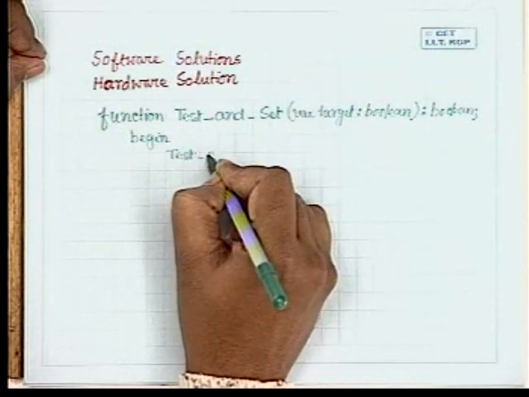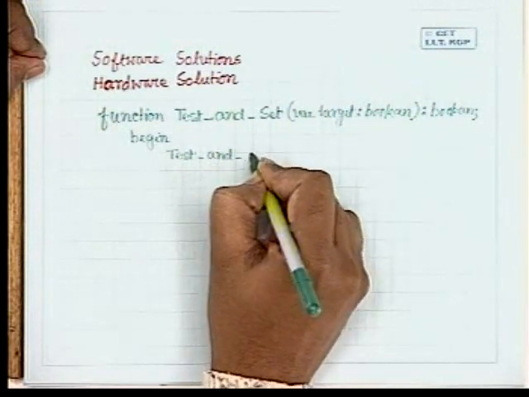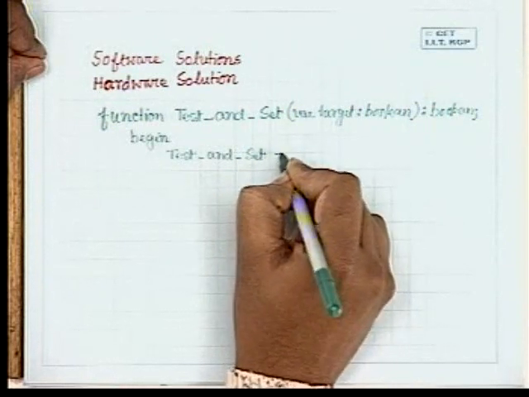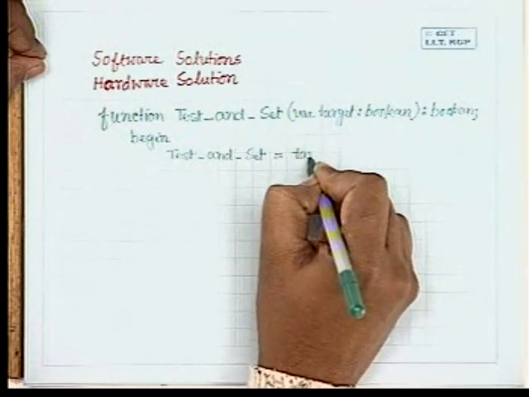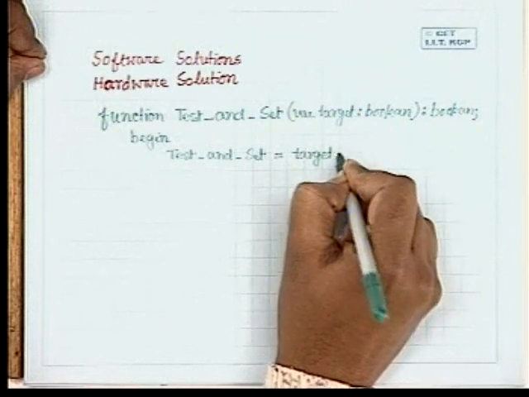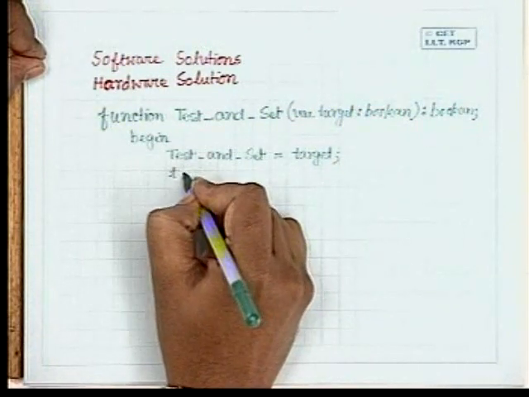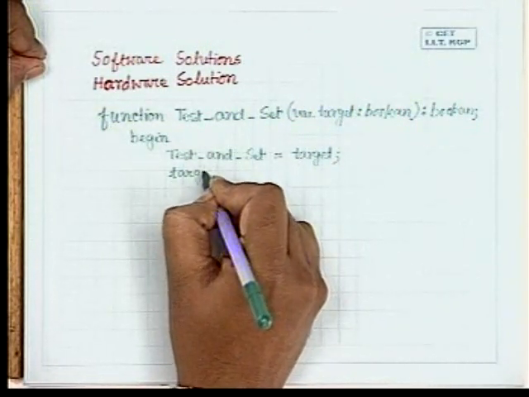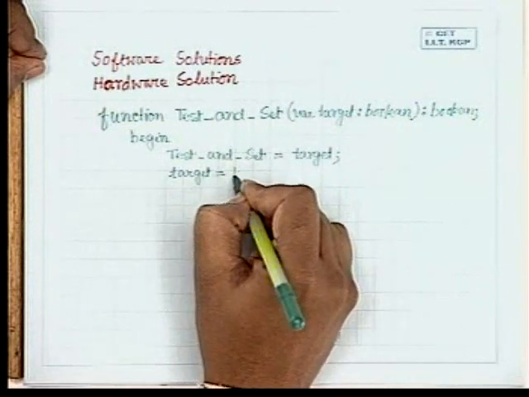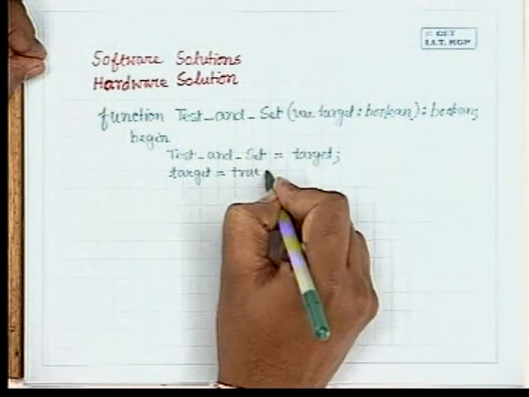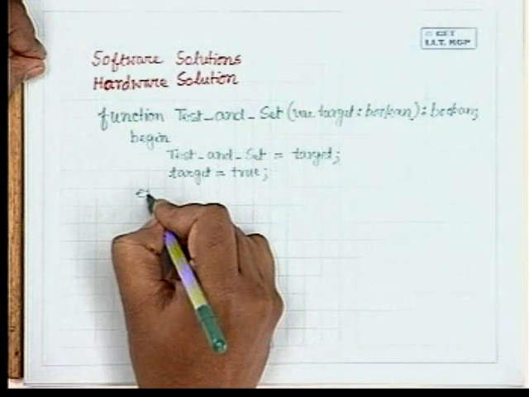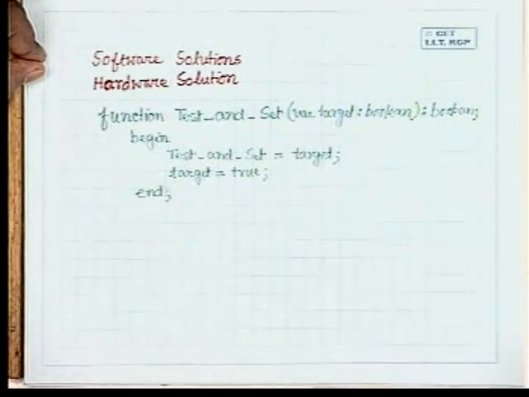test and set is equal to target, and target is equal to true. Okay.